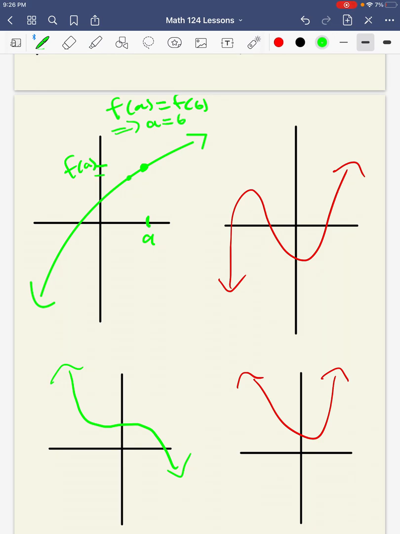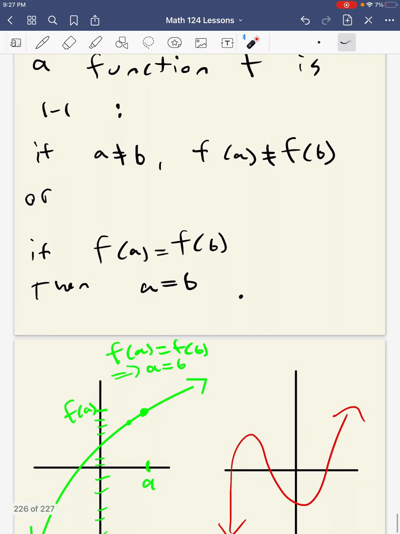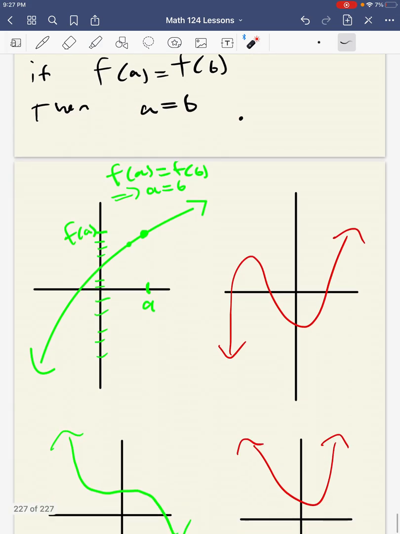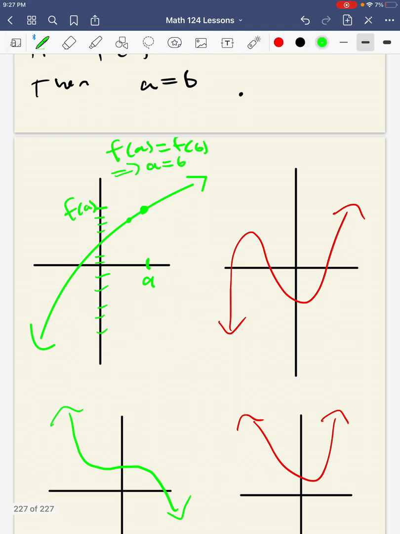Because no matter what the other output is, if the inputs are different, the outputs will always be different, right? So this graph actually does satisfy the definition. So this guy here in green is 1 to 1.